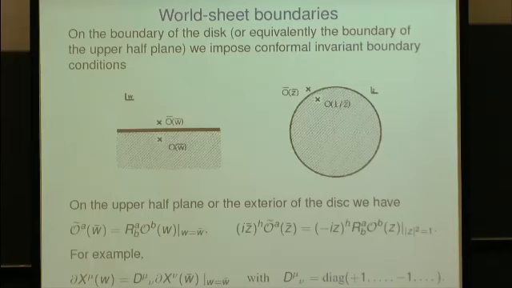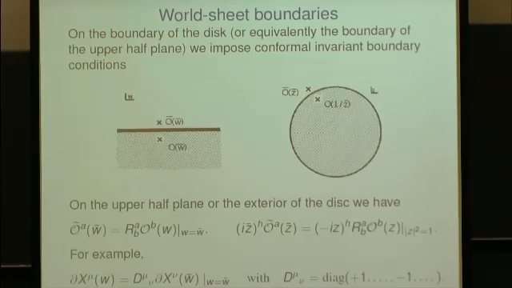So, given some primary field with h equal to h tilde, we want to impose conformal invariant boundary conditions. What this means is the boundary conditions should be left invariant by those conformal transformations which leave the real axis invariant, the boundary of the upper half plane.